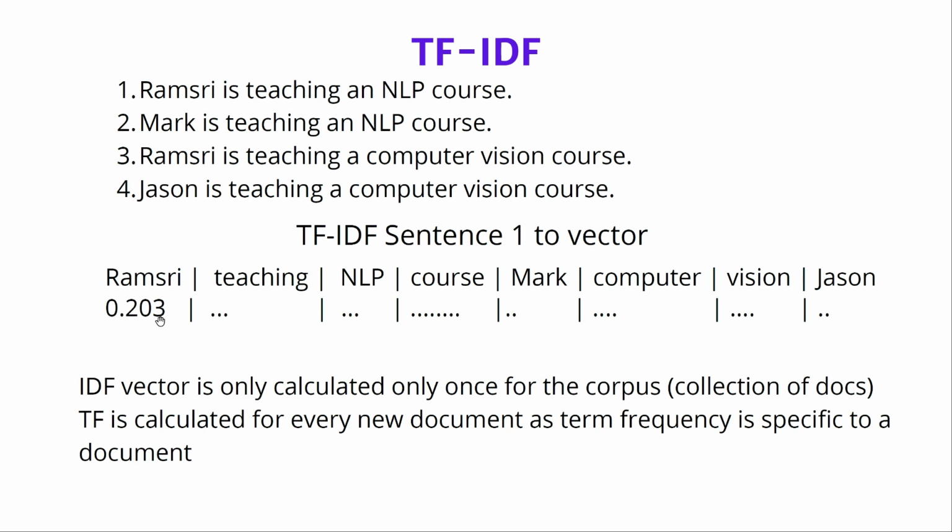And we have also calculated IDF. So as I mentioned, IDF is calculated only once for the whole corpus. So IDF is already pre-calculated and available. All we do is we get the value of TF for Ramsri on the fly, and we get IDF and multiply it with that and fill in the value.